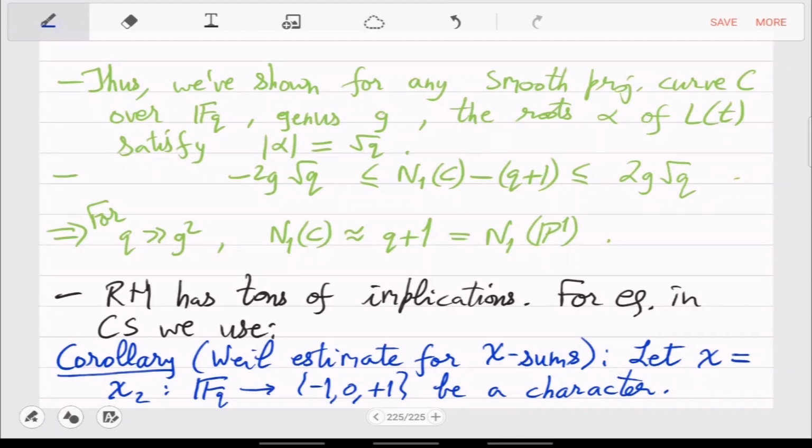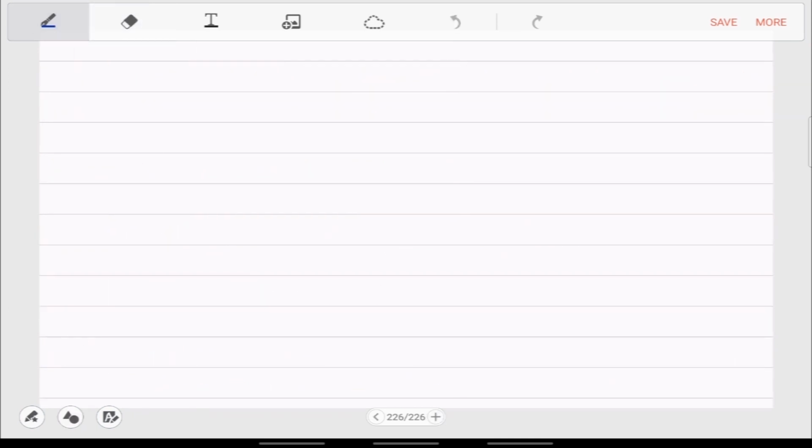So what this character does is essentially that chi of alpha is 1 if and only if alpha is a square. So we can write this explicitly also: the character that maps alpha to alpha to the (q minus 1) by 2.